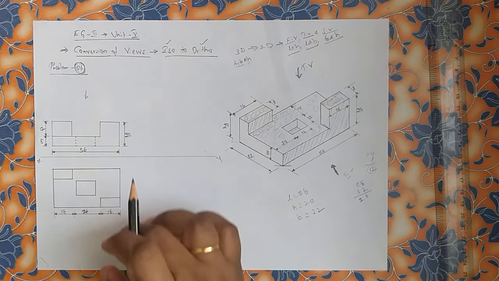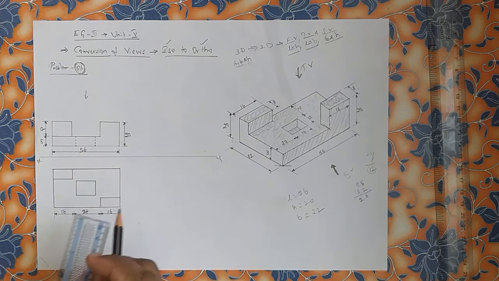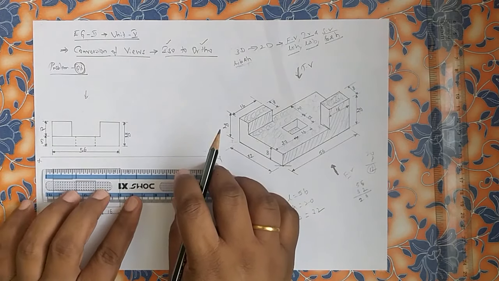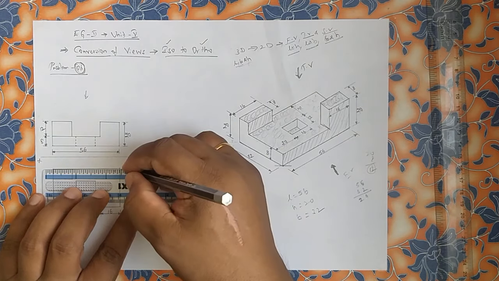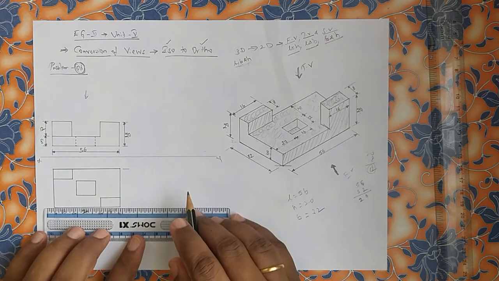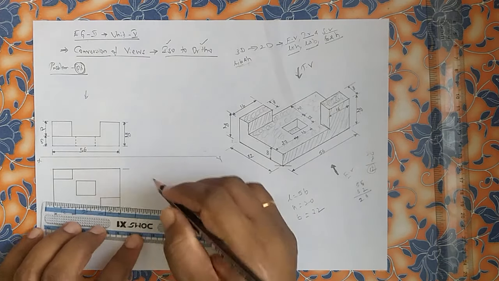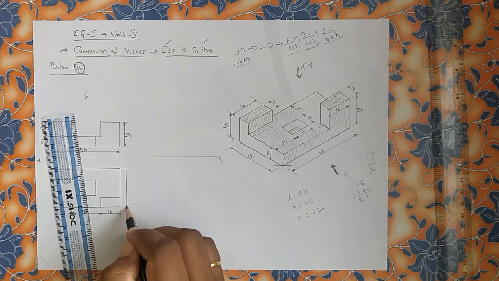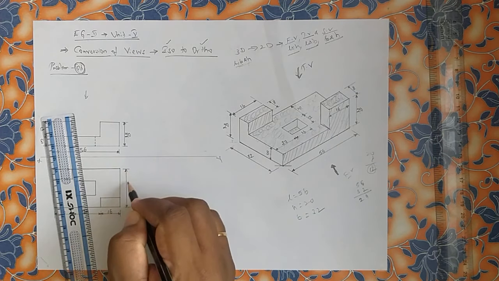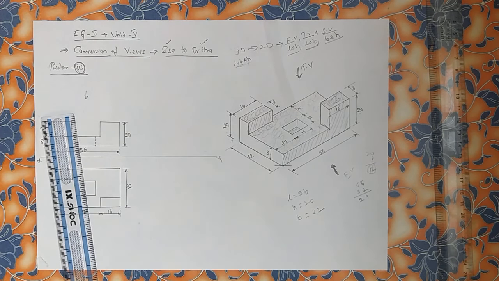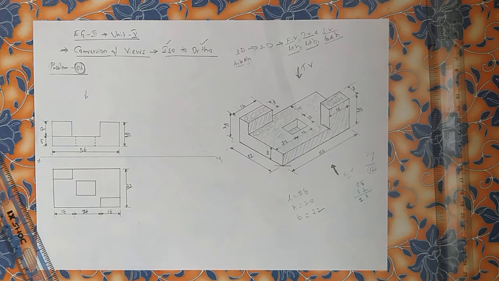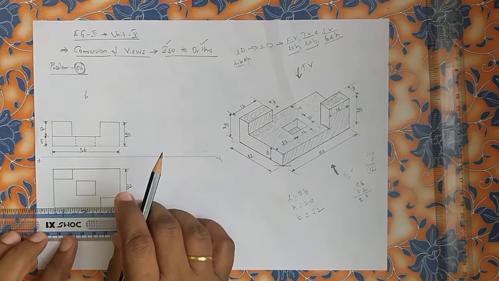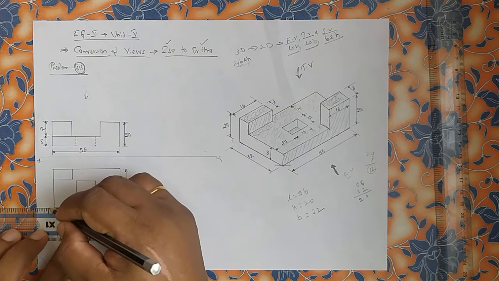Now if you want to show the top view total breadth, you can show it as total breadth of 32. After showing total breadth of 32, now here if you want, you can show the breakups for knowing the width of each step.